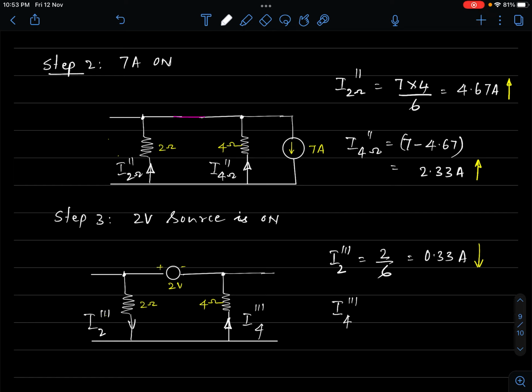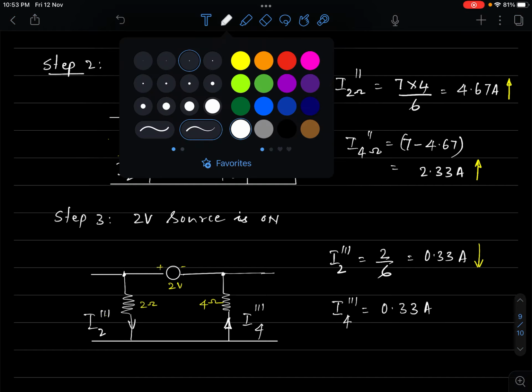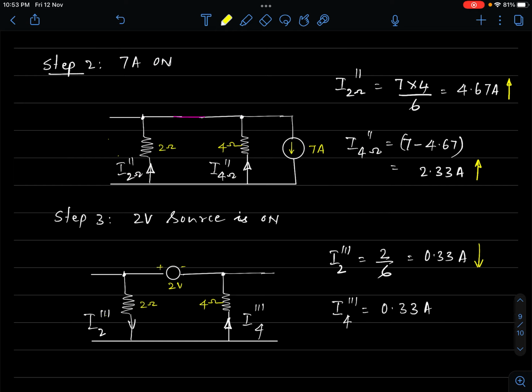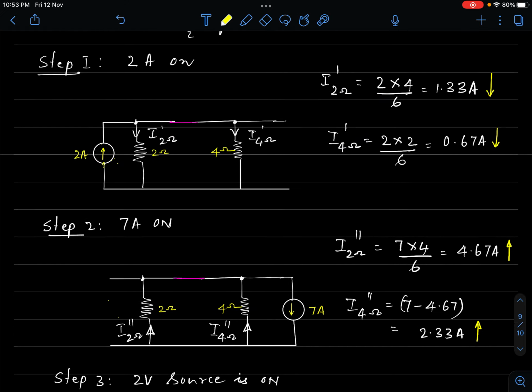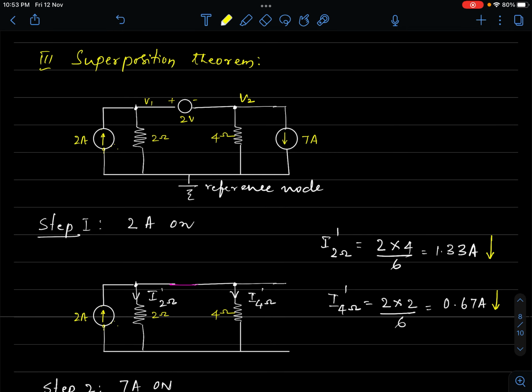Now what about the other current? I4 triple dash is also 0.33, but the direction of flow of current is opposite. It's like this.